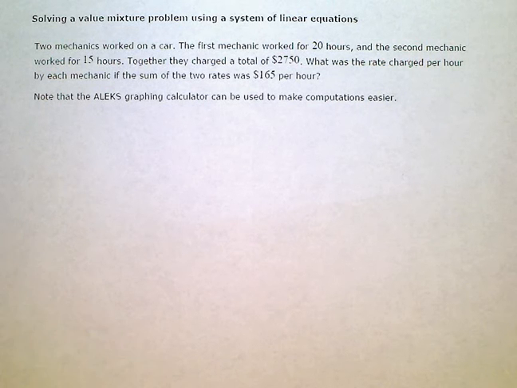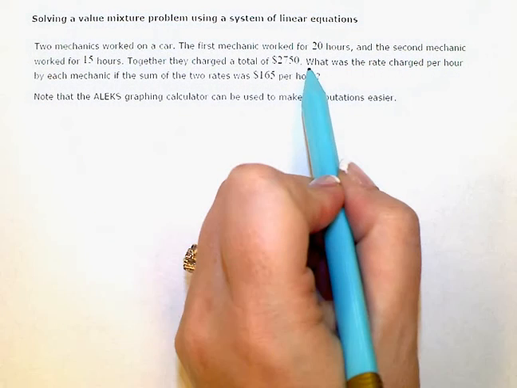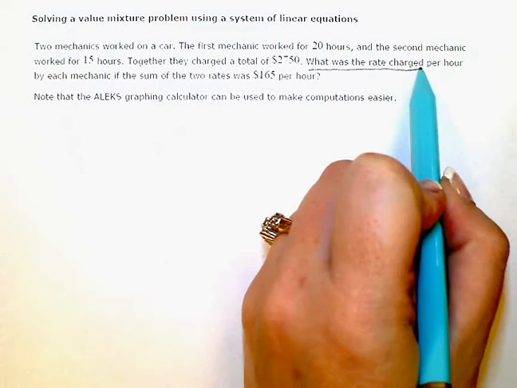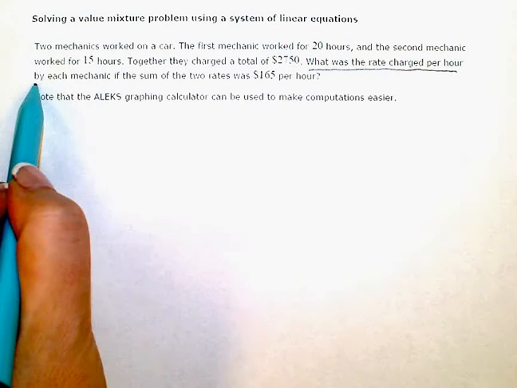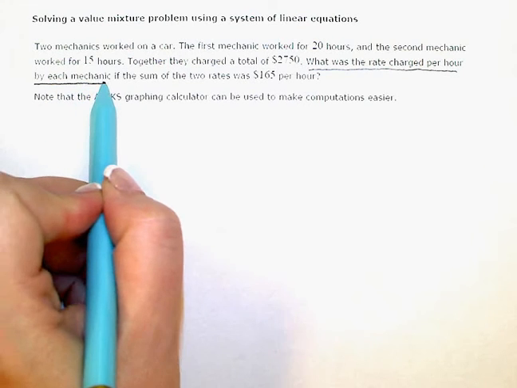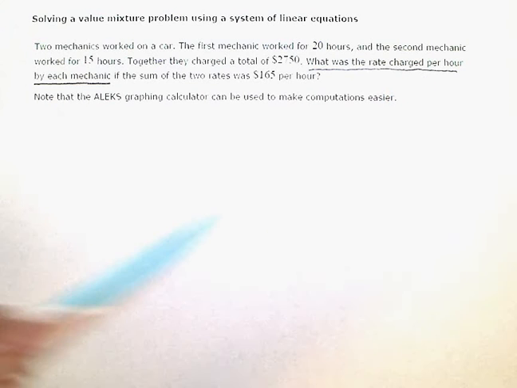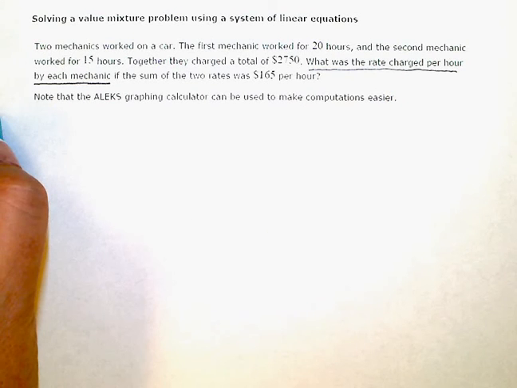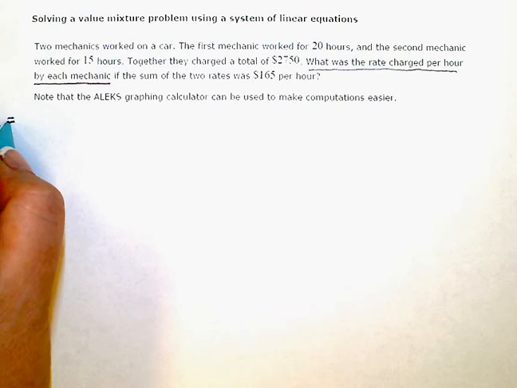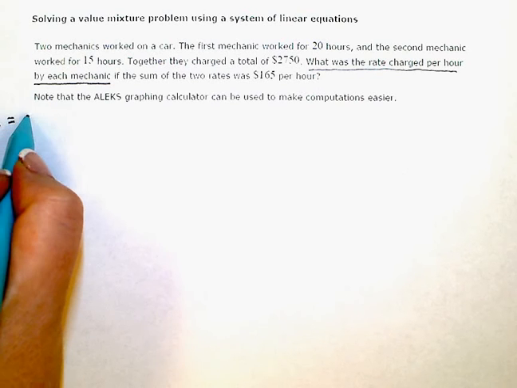hour? So the first thing I'm going to do here is define my variables, and the question, what the problem is actually asking me, is what was the rate charged per hour by each mechanic. So I'm going to let X be the rate charged by mechanic number 1.